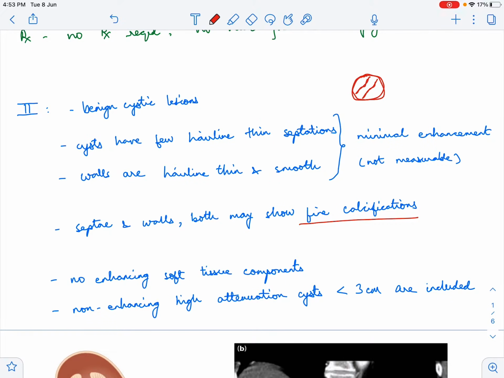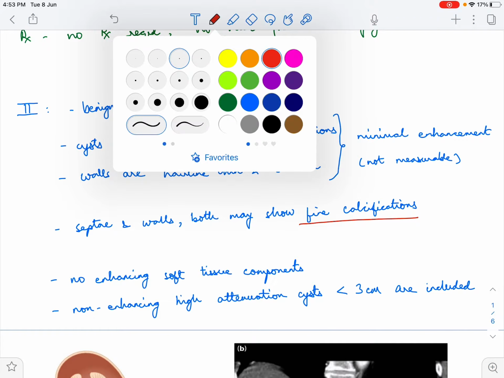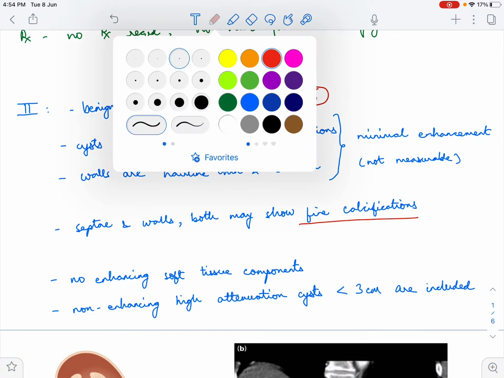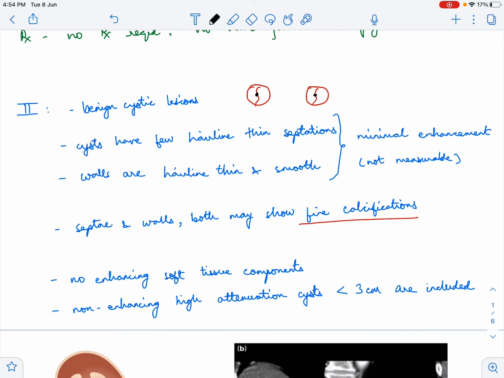So for all practical purposes they do not enhance. Suppose this were the cyst, this is the septation, and in the middle here we have calcification. It looks the same after contrast, that is to say, there is no enhancement. It looks like this both before and after contrast.